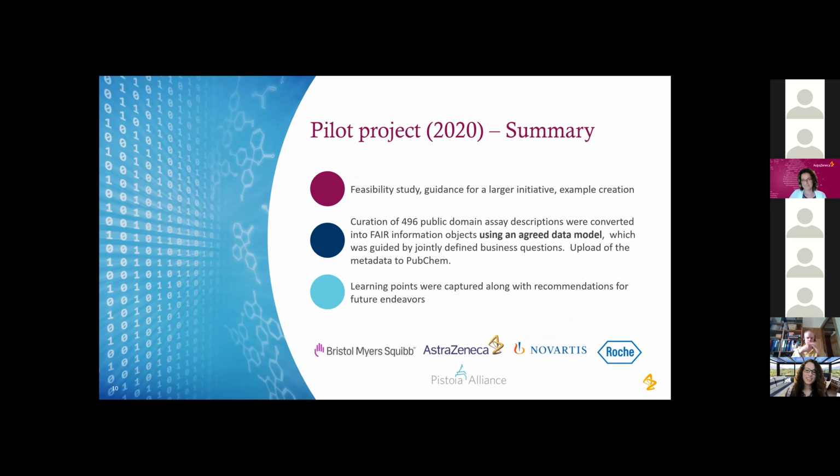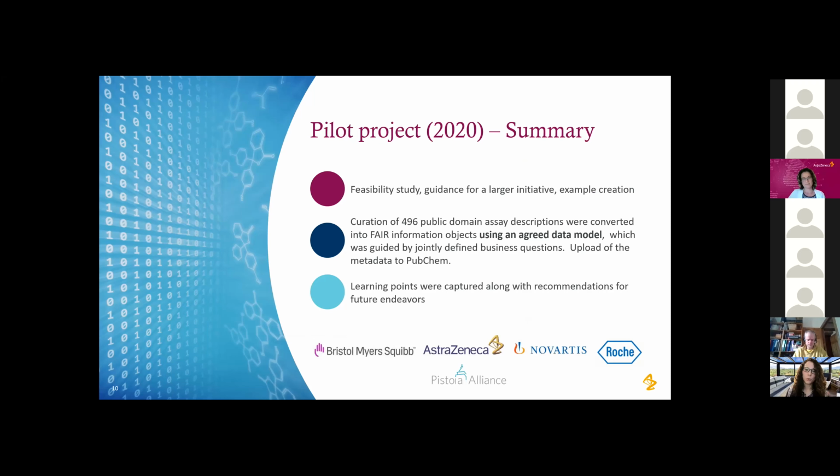Thanks, Isabella. So when we started the pilot project, we really wanted it to be a feasibility study for a much larger initiative. We first need to see, does this sort of public curation work? Can we get the data back into the public sphere? And does it answer the business questions, or is it useful as we move through the project?